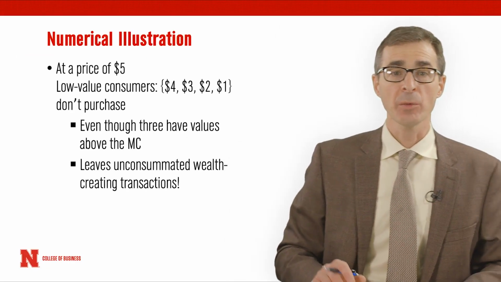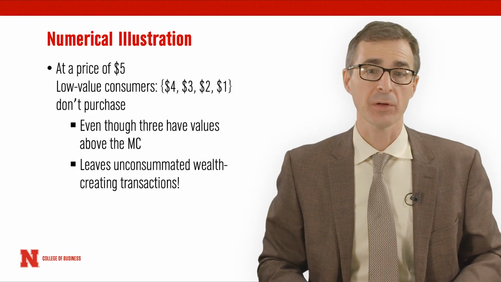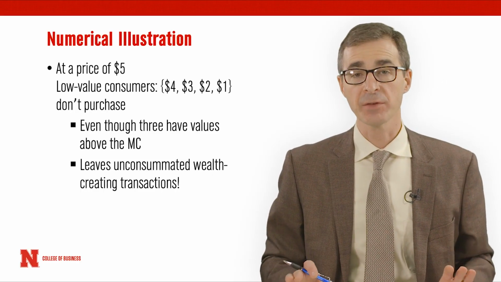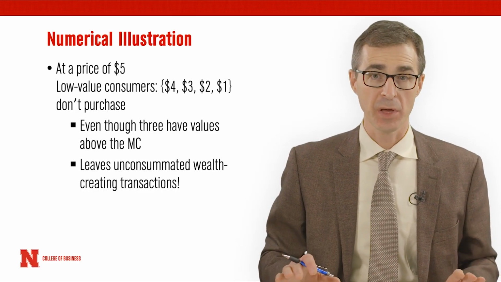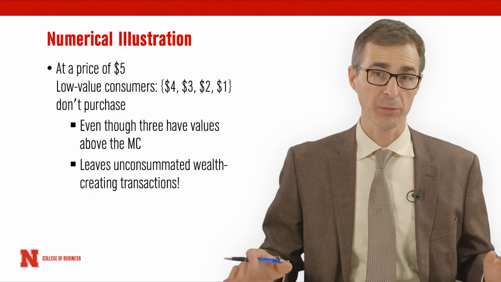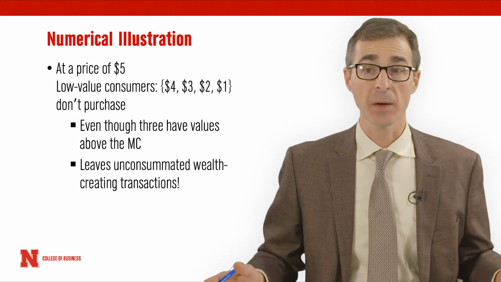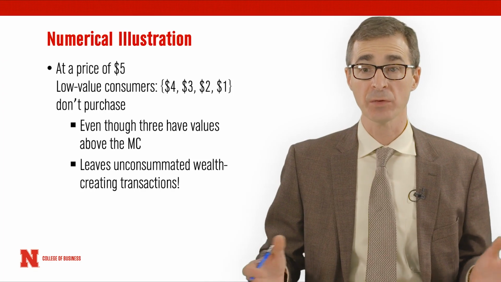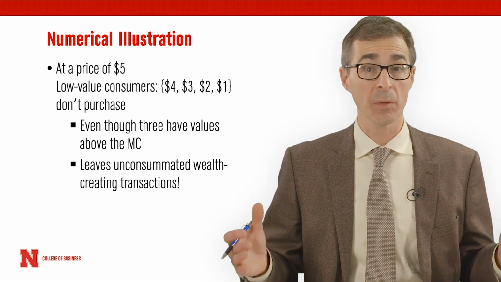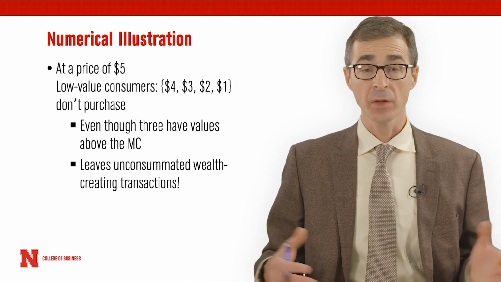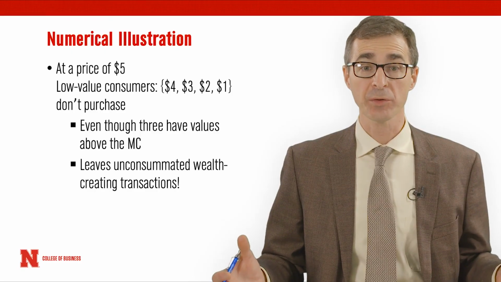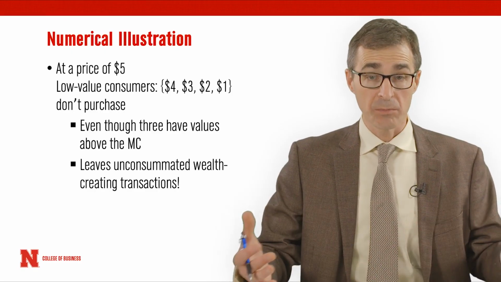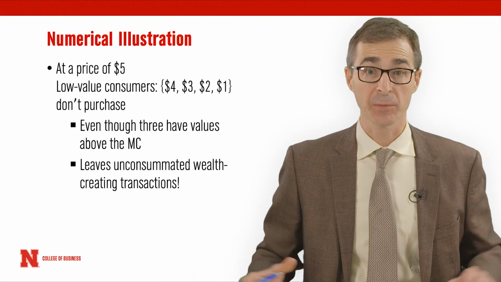So, to summarize what we've seen here in this numerical example, at a price of $5, the low-value customers, those who would pay $4, $3, $2, or $1, did not purchase the ticket and were shut out of the market, even though at least 3 of them had values above the marginal cost. And so it leaves some unconsummated wealth-creating transactions begging for consummation.